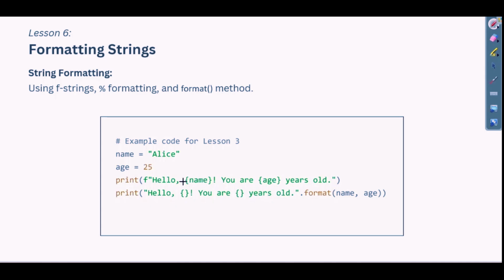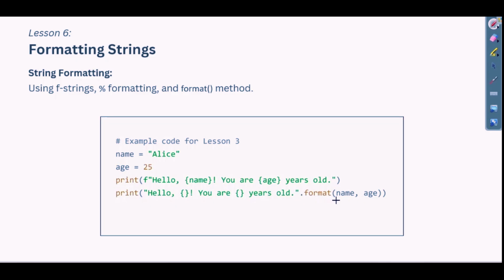So you can see if we print this, it will give us the output: hello Alice, you are 25 years old. There is one more way to write the same thing. We will create a string where we write hello, curly brackets and so on, but at the end of the sentence we use the dot format method.